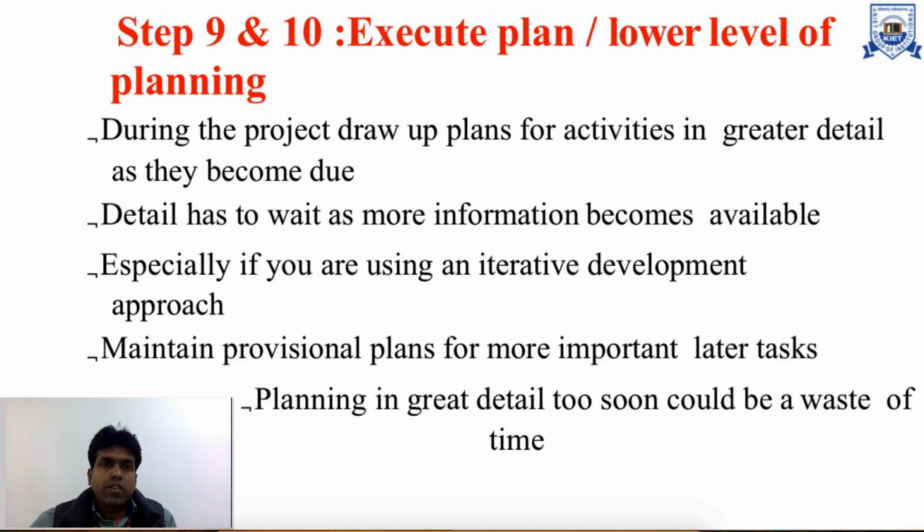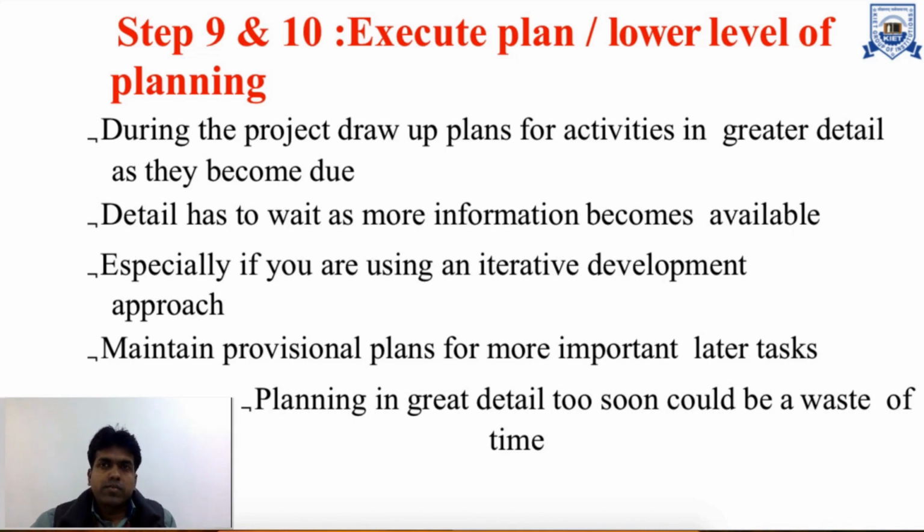Now we come to the last two steps: step number 9, execute plan, and step number 10, lower level planning. After reviewing the plans which we made, we execute the plan. When we execute the plan, we are now going to implement all this.